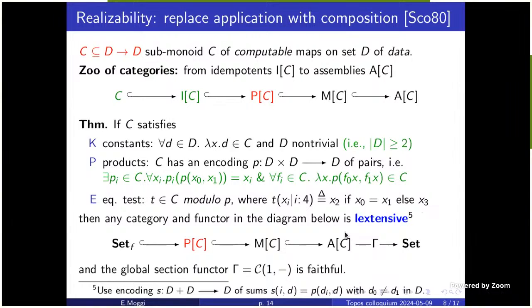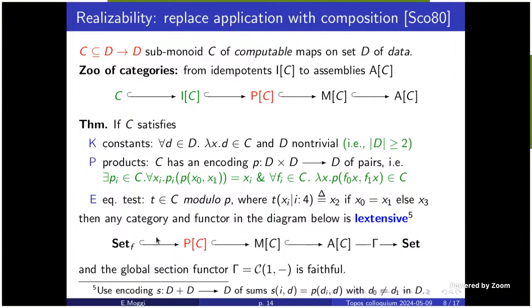Now, if C satisfies these 3 properties, then what do we have? We have that these categories are extensive. Of course, also the category of finite sets and the category of sets are extensive.